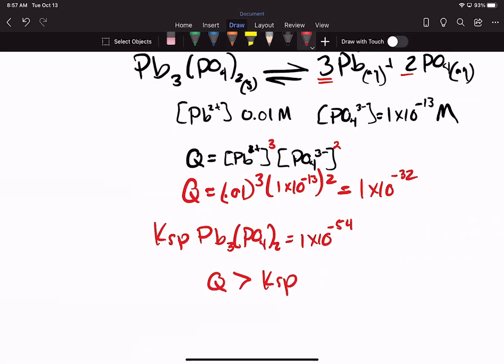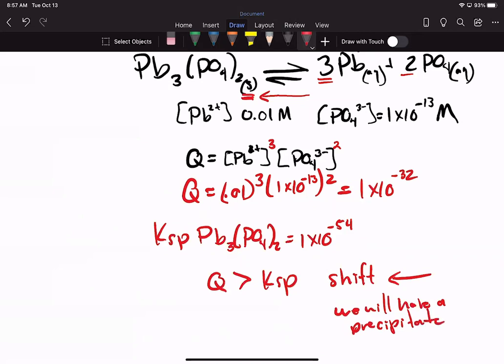And because our Q is greater than KSP, we're going to have a shift in this reaction to the left. And that means if we shift this reaction to the left, we will have a precipitate from this calculation here.